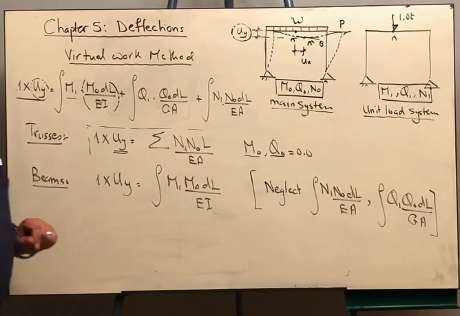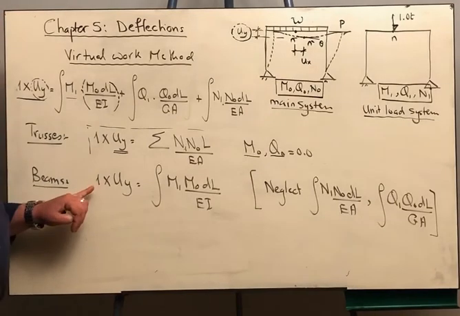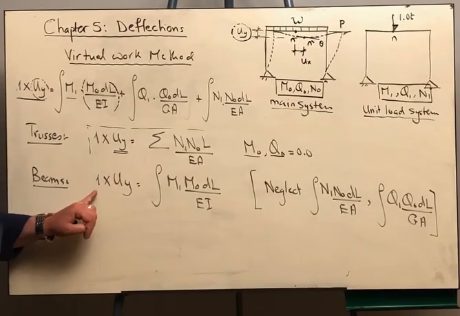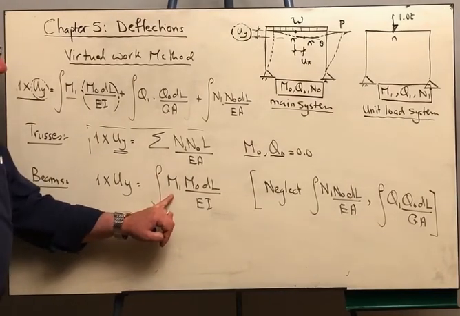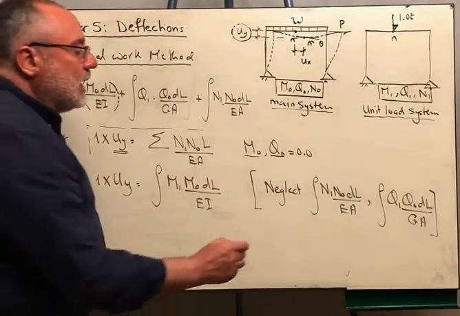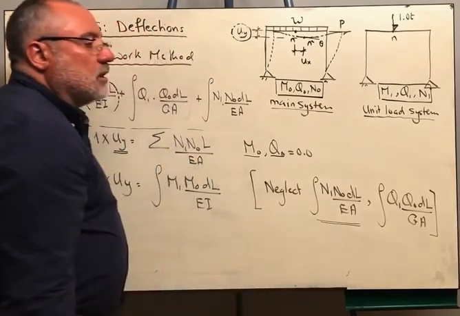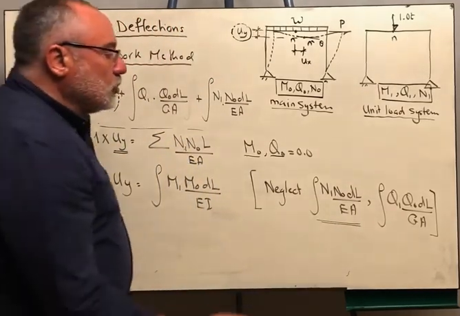Today we are going to talk about deflection of beams. Now, if I want to get the deflection of beams, I would say the same general equation, the vertical deflection at any point Uy equals integral M1 M naught dl over EI. We are going to neglect the normal force component N1 N naught dl over EA because this is very small.